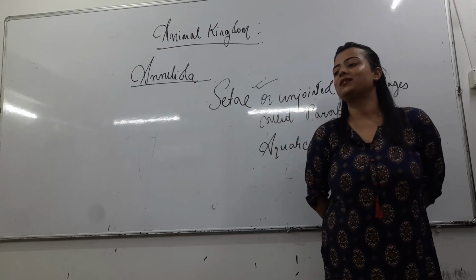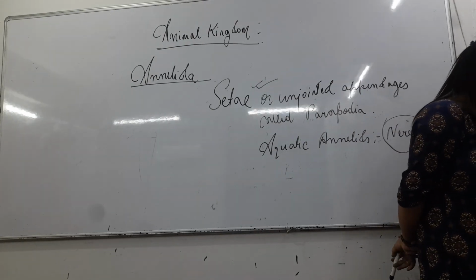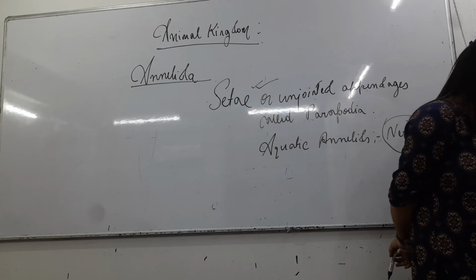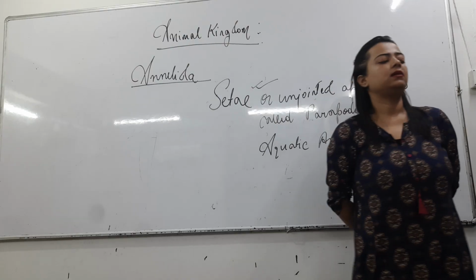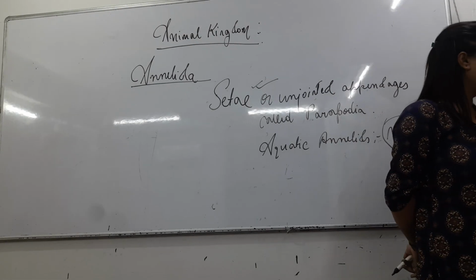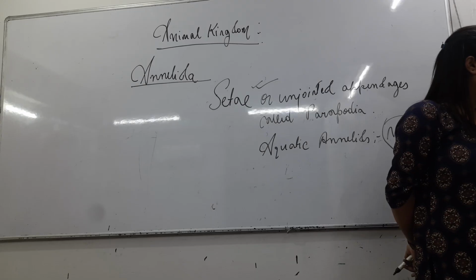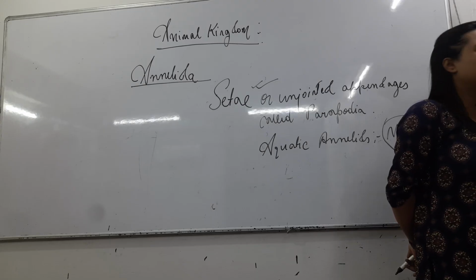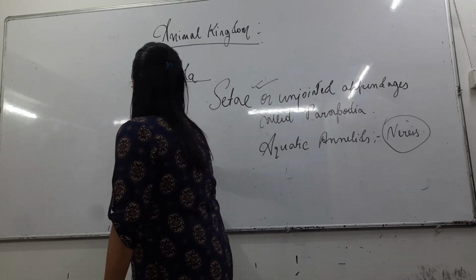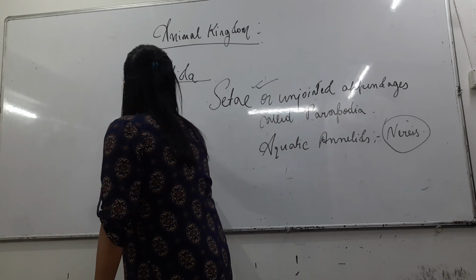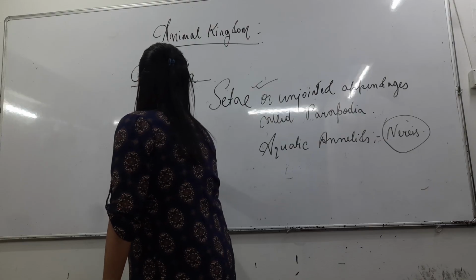Next point, digestive system is complete, consisting of pharynx, esophagus, stomach, intestine, etc. What is esophagus?